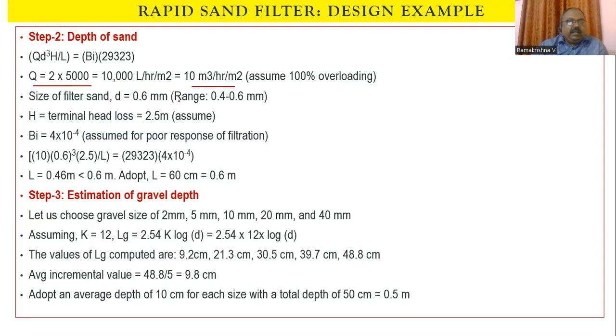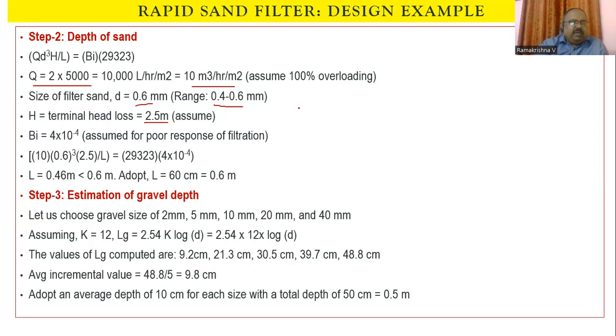The size of the filter sand is in the range of 0.4 to 0.6, and I can assume 0.6 here. The terminal head loss: the total depth of the bed is around 2.5 to 3.5 meters, assuming the maximum loss, minus the depth of water in the filter bed.